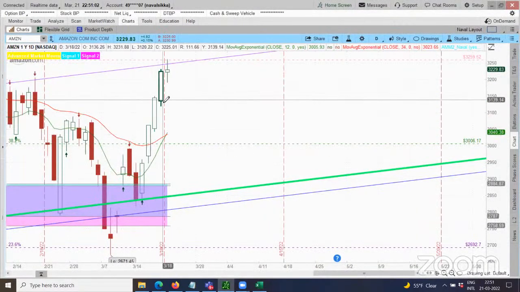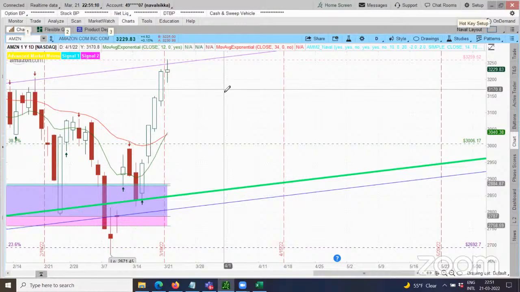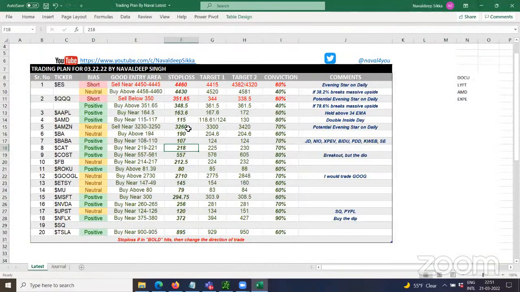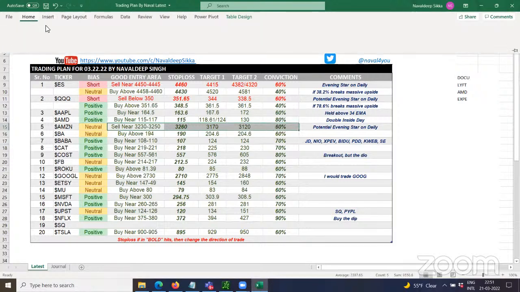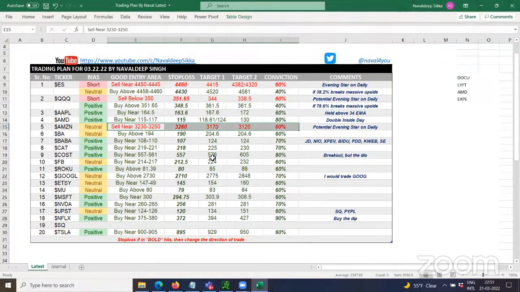And because we went up pretty strongly, target should be 31.70 and 31.20. AMD I'm still keeping at 80%, but Amazon I'm reducing to 60% because it is in good momentum, but I think it's getting tired for now.